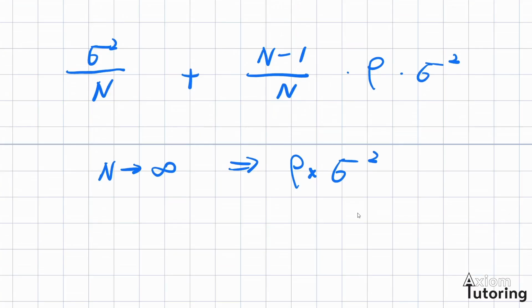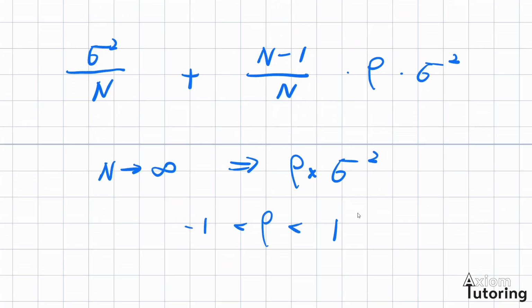So how do we interpret this final result? Since rho is the correlation coefficient that strictly stays within the range of -1 and +1, it must be less than 1 and greater than -1.